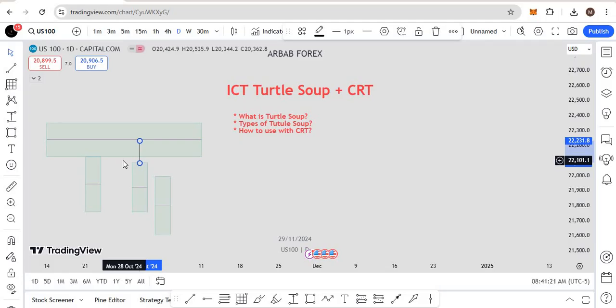Now, how to use it with CRT, the candle range theory. I trade US 100.